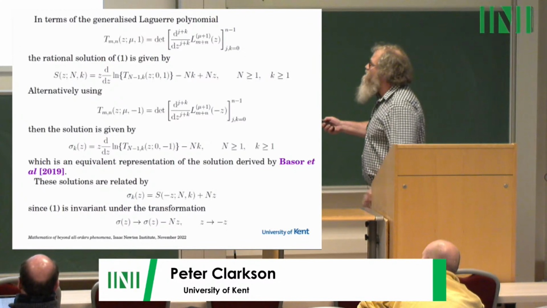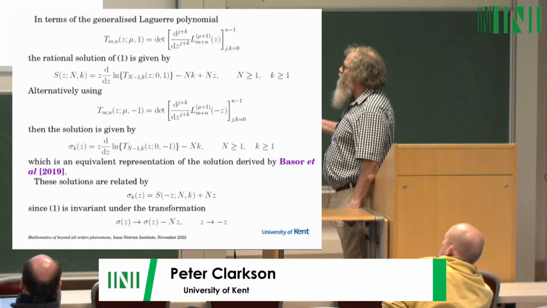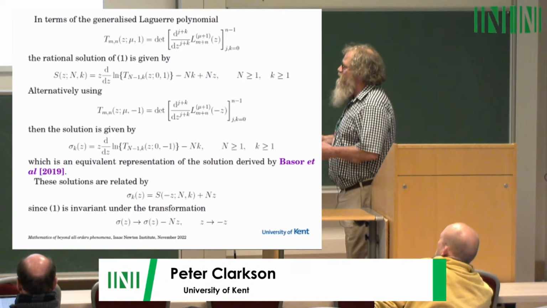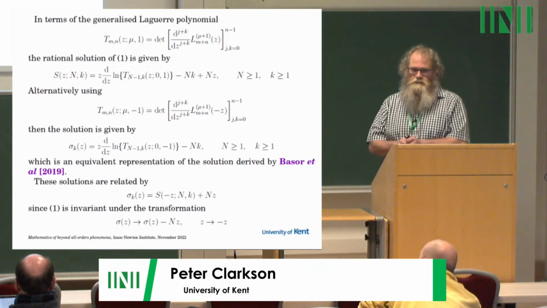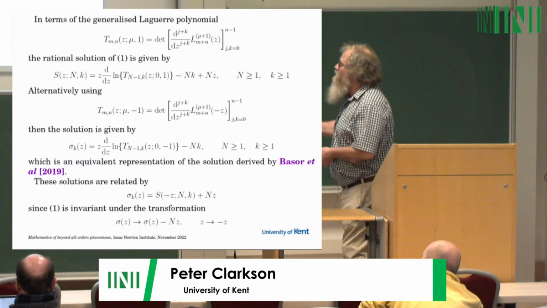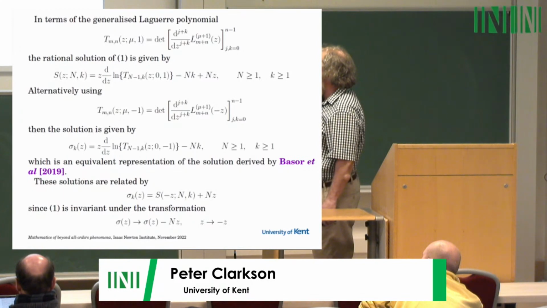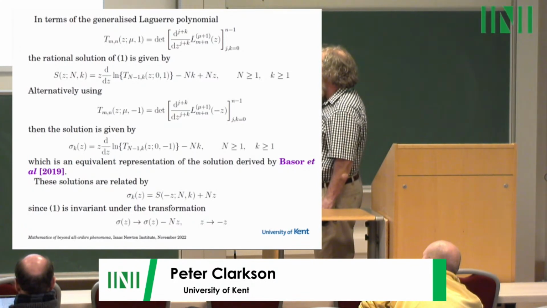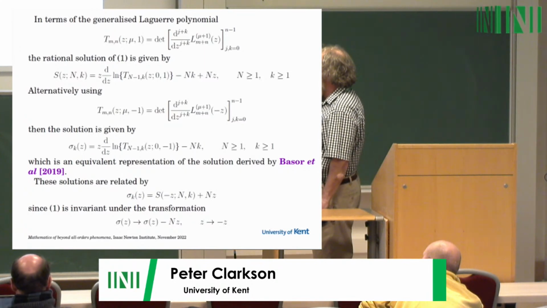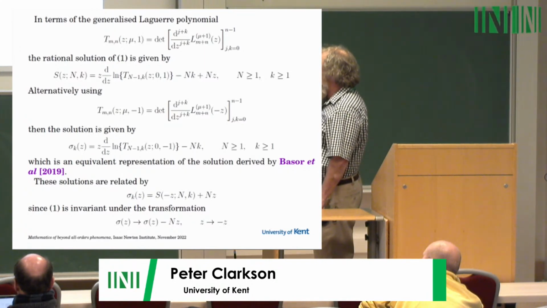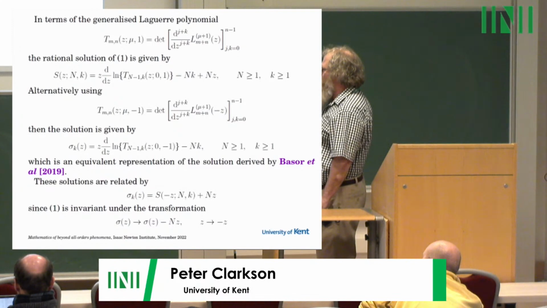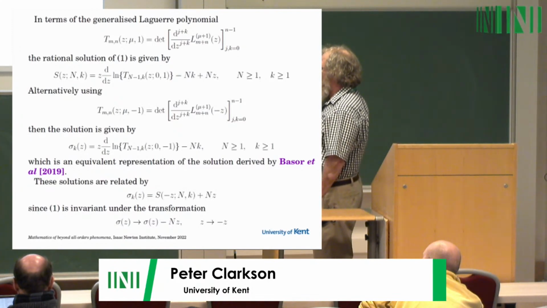In terms of this generalized Laguerre polynomial, the rational solution can actually be written in 2 ways. It can be written as this function here when epsilon equals 1, or if epsilon equals -1, this is what the solution is. And this is the same as what Basor et al. wrote down. It's an equivalent representation of it.